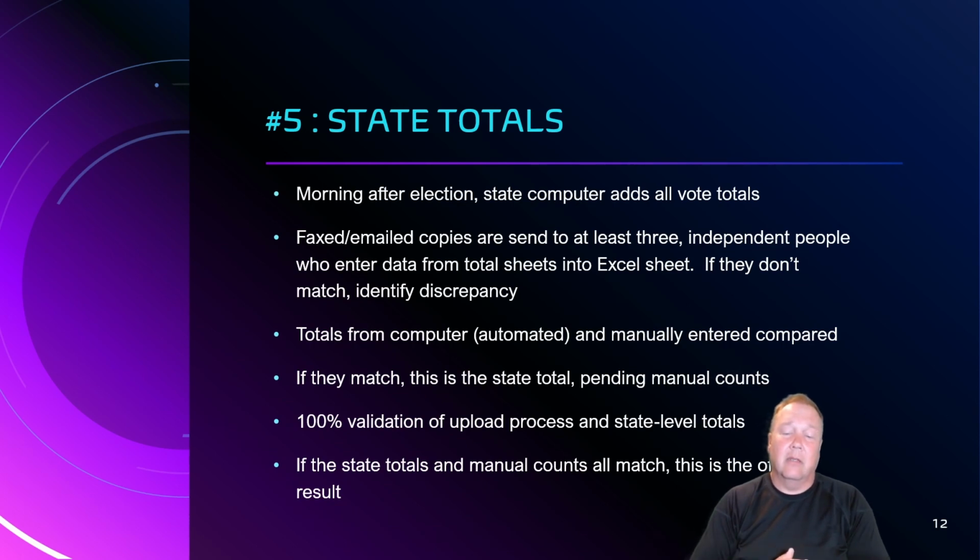You've got 100% validation for most of the steps here. You've got enough of a random validation just at that one step for that second line. You're not manually counting every line. But at this point, you've got your official result and you've validated everything and you're sure everything does in fact match.